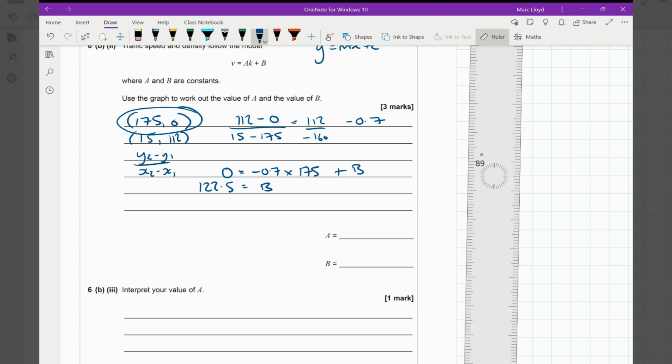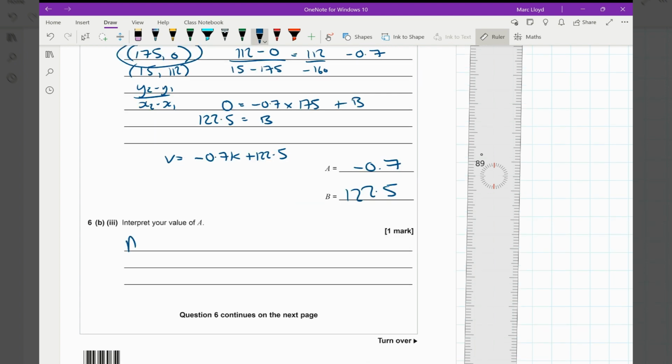So our equation is V equals negative 0.7k plus 122.5, and to answer the question, we just put our values into there.